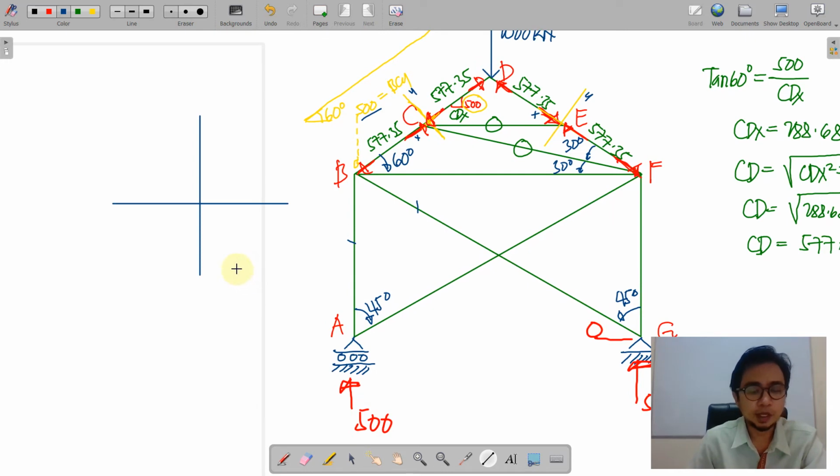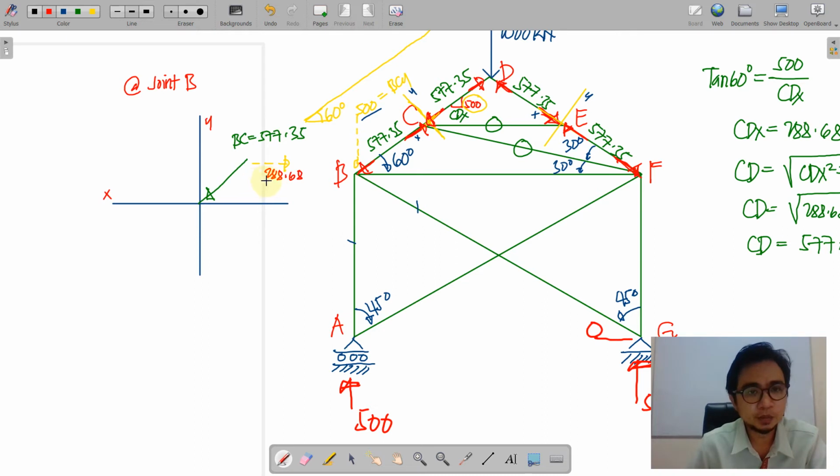We have here the X and Y axes at joint B. We have here BC equal to 577.35, having a horizontal component of 288.68. Where did this come from? CDX. So we have component CDX equal to 288.68, and CDX is also BCX.